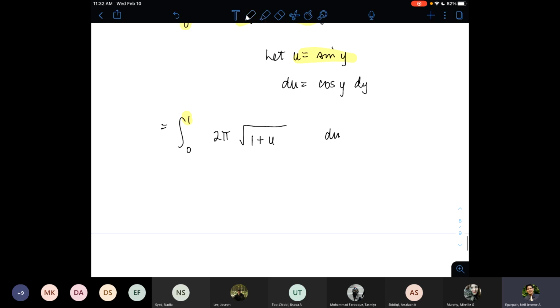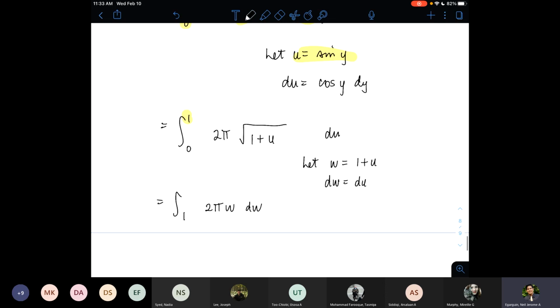But for this one, I will need another u sub. I let w be equal to 1 plus u. So dw will be just du. So this would be an integral of 2 pi times the square root of w dw. But the bounds now would be what? If u is equal to 0, w is 1.